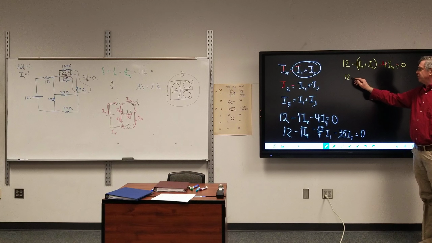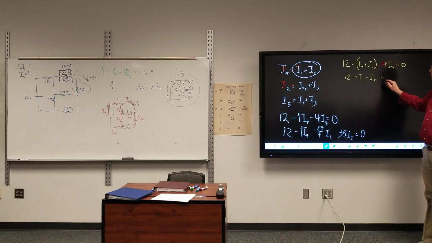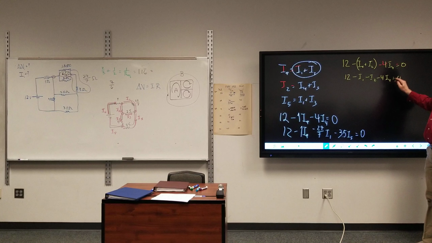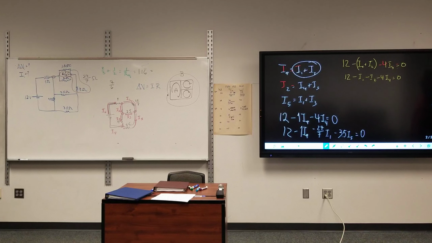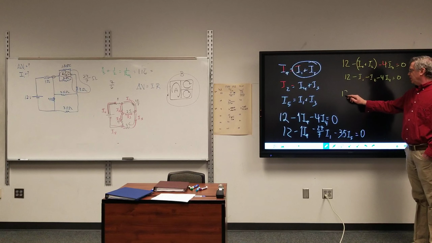So this is 12 minus I1 minus I2 minus 4I4 equals 0. I got an IP down here, so this becomes 12. I'm going to skip a step here. Minus I1 minus I2 minus 27/7 I1 minus 3.5 I5 equals 0.